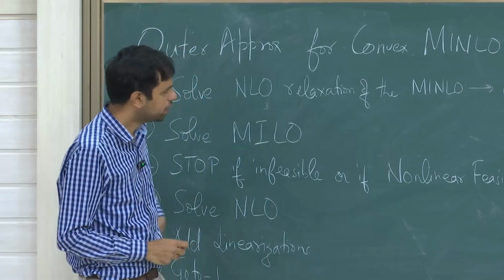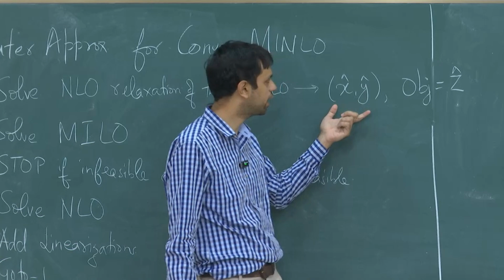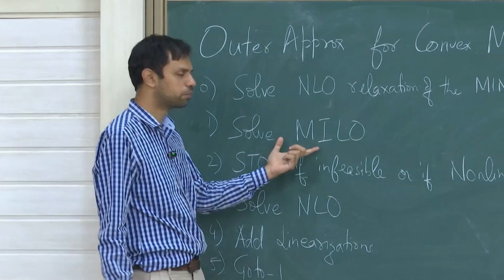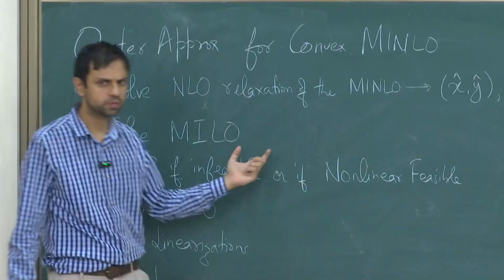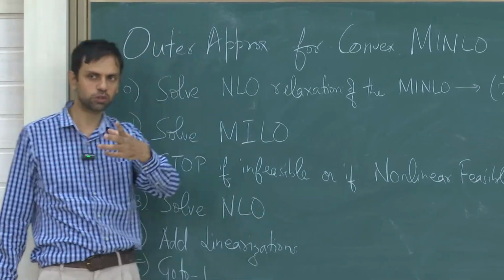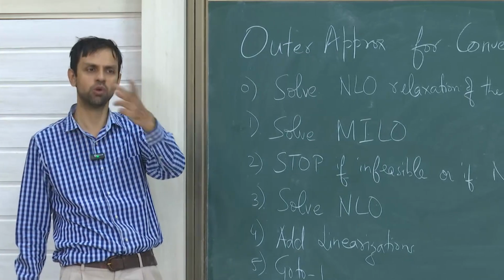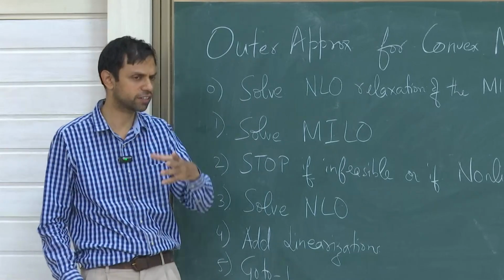Okay, and if you add the linearizations at x hat, y hat and solve the MILO, what will you get as your objective? Would it be more than z hat, less than z hat, or equal to z hat? More than z hat. Okay, why would it be more than z hat or greater than or equal to z hat?